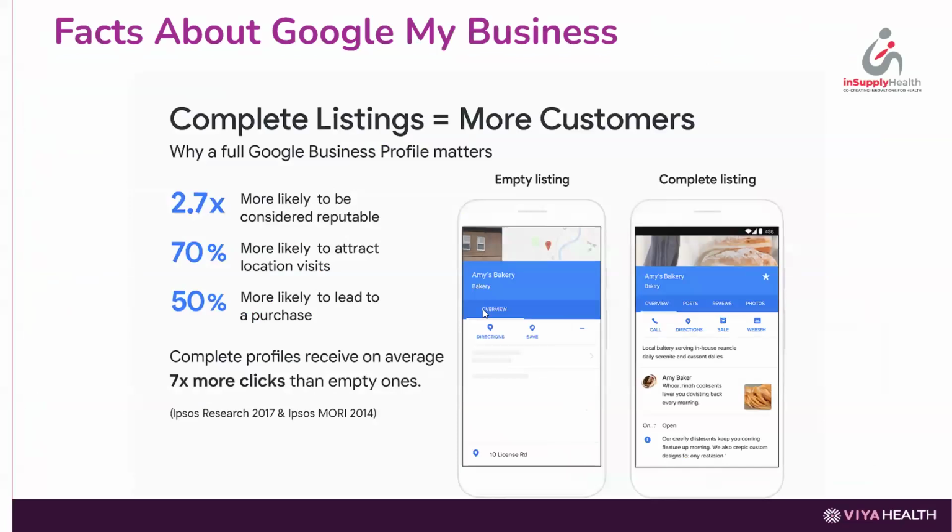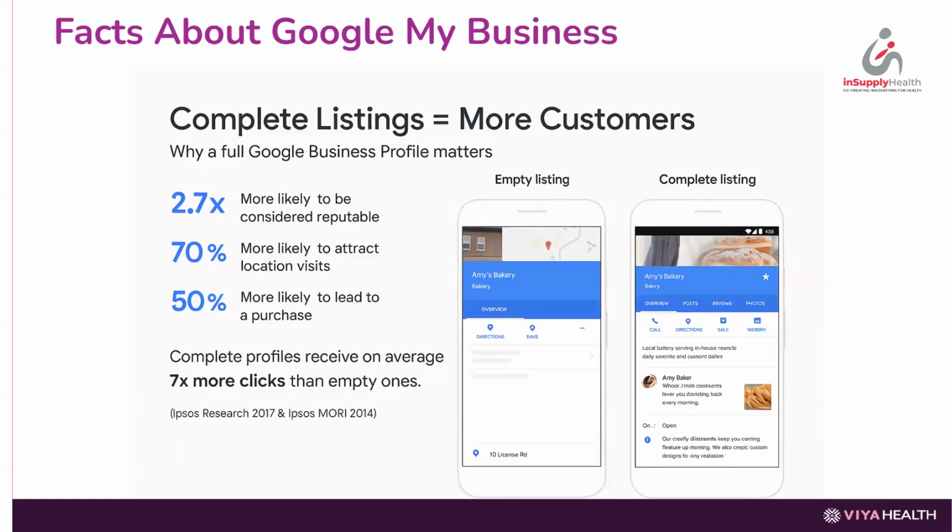Yeah, so what are the facts that are available about Google My Business? So a complete listing equals more customers. We have people who are coming in who are international Kenyans or other visitors or tourists, and they use the Google My Business profile to find their way.